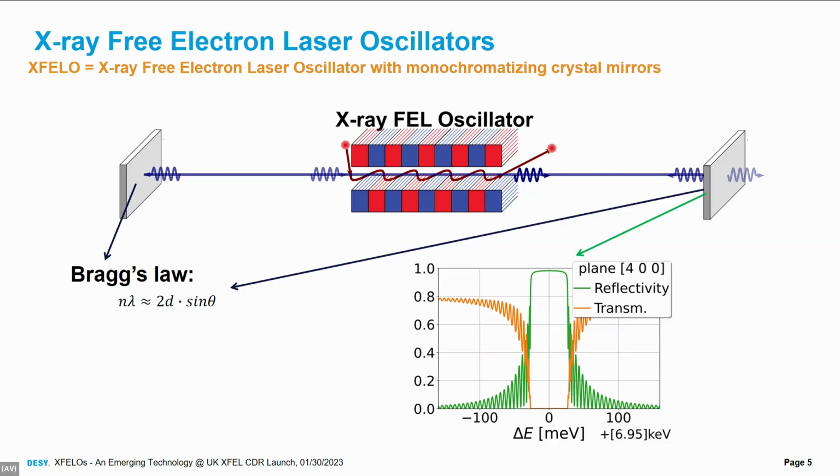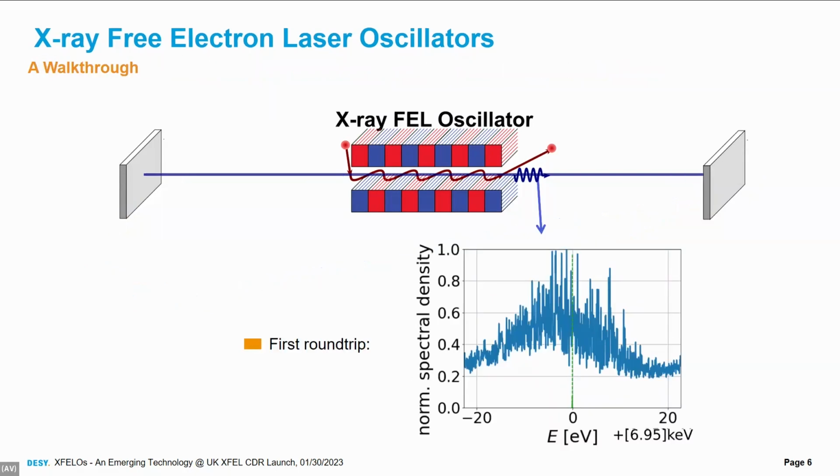Now, you couple it back in, and now you have not only a seed, but you have a monochromatic seed at this 20 millielectron volt bandwidth. Now, looking at how it actually works, the first round trip: usually you have a rather short undulator for these devices, or a few undulator cells. You have a lot of synchrotron radiation with some SASE on top, which is very spiky and has a very wide bandwidth.